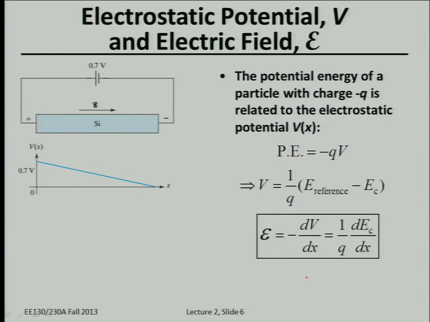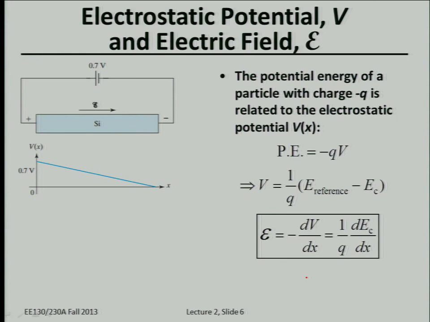So bottom line is, if you have a voltage drop across a sample, that means you have an electric field, right? The voltage is changing with distance. So you have an electric field, and electric field is given by the rate at which the electric potential is changing with distance. Okay, it's just defined, this is from physics, right? If you have a change in electric potential, you'll have an electric field.